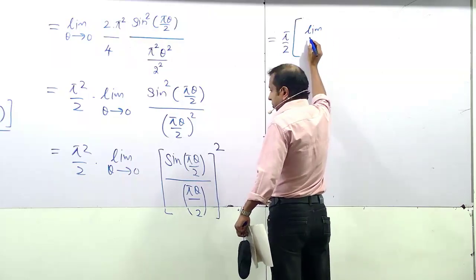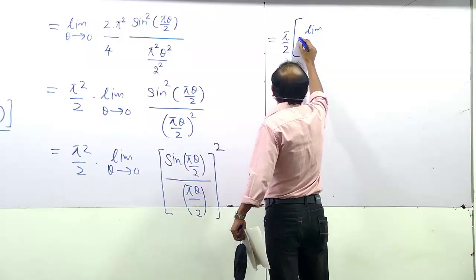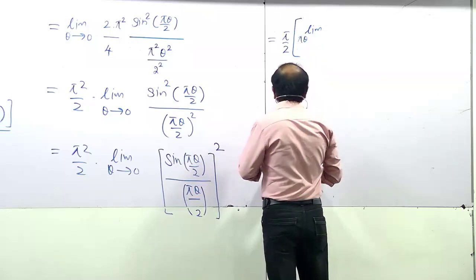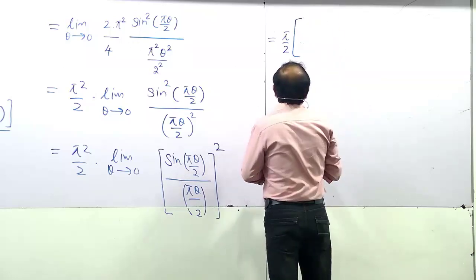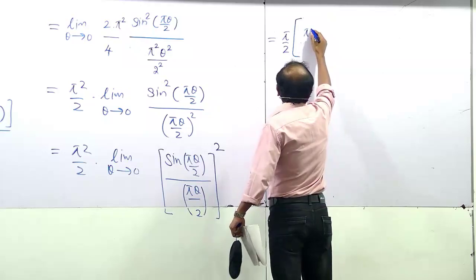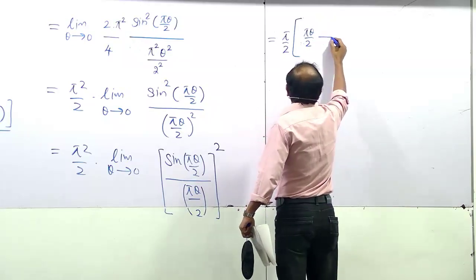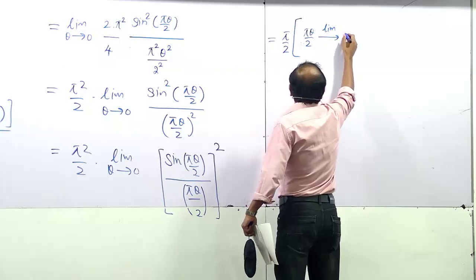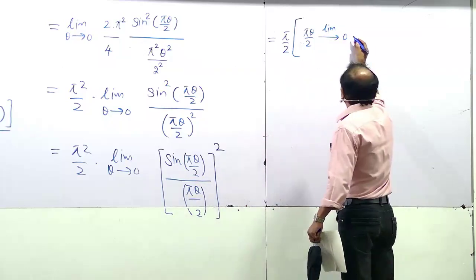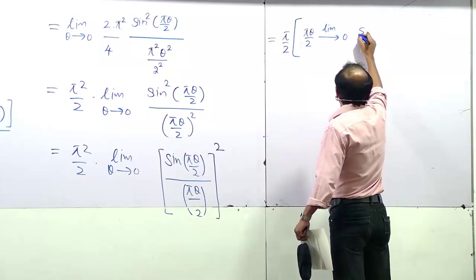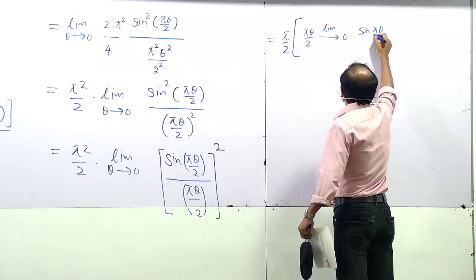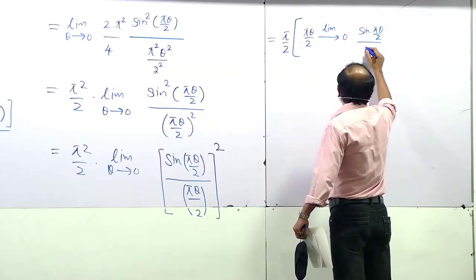Our limit, pi theta by 2 going to 0, sine pi theta by 2 divided by pi theta by 2.